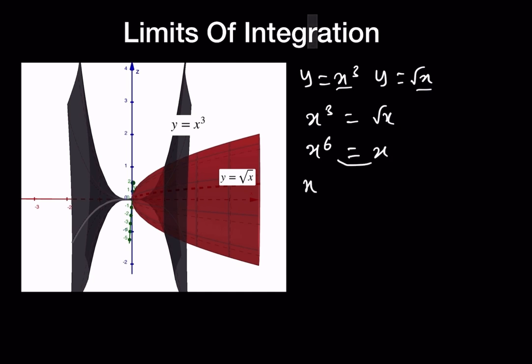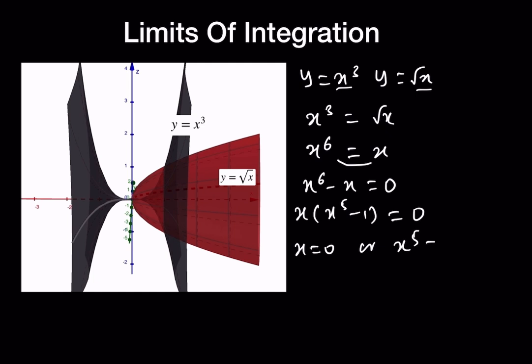Taking x to LHS, x power 6 minus x is 0. Solving this, taking x common, x times x power 5 minus 1 equal to 0. So x equal to 0 or x power 5 equal to 1, which means x equal to 1. So the limits are x equal to 0 to x equal to 1.